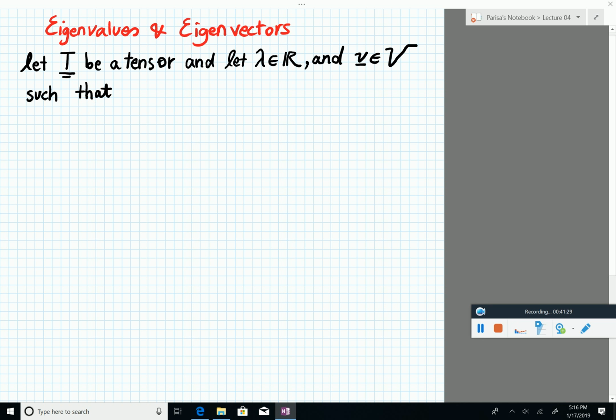Such that the action of the tensor on the vector is the same as scaling the vector. That's what it means. So if this holds, then lambda is an eigenvalue and the vector v is an eigenvector.